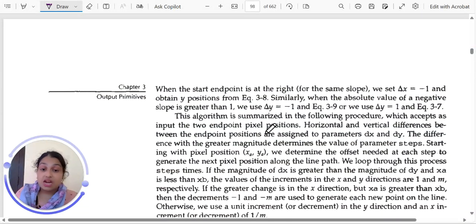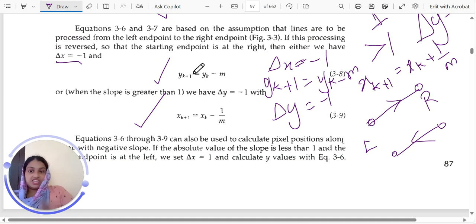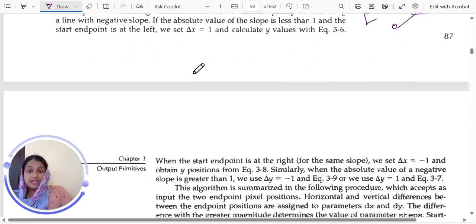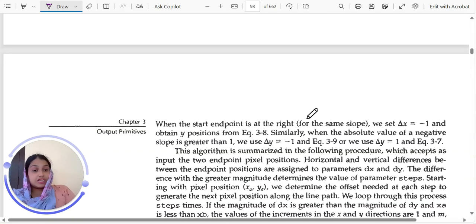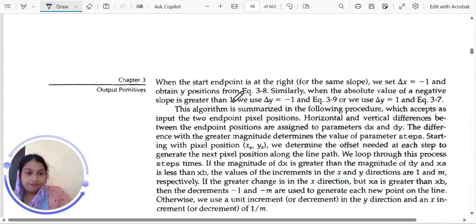When the starting point is at the right for the same slope, we take delta x equal to minus 1 and obtain y positions from equation 3.8. If the direction is reversed, with the starting point on the right side, then when the absolute value of a negative slope is greater than 1, we use delta y equal to minus 1, and equation 3.9 gives xk plus 1 equal to xk minus 1 by m.